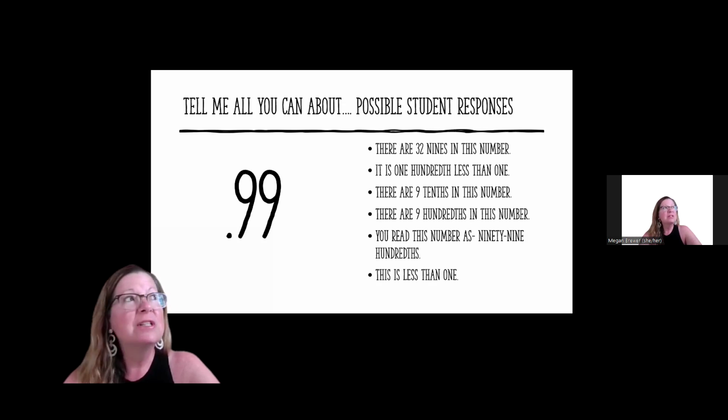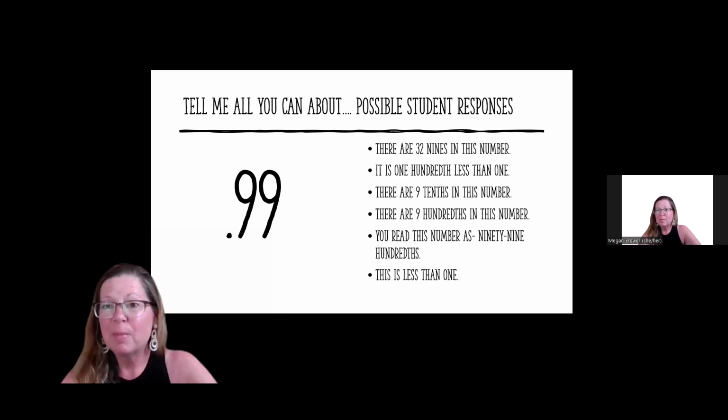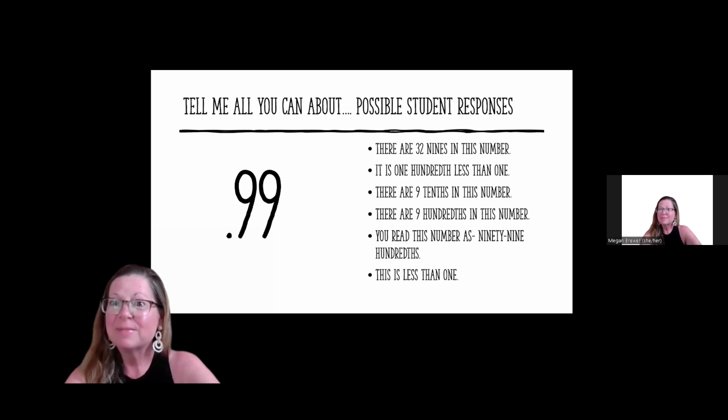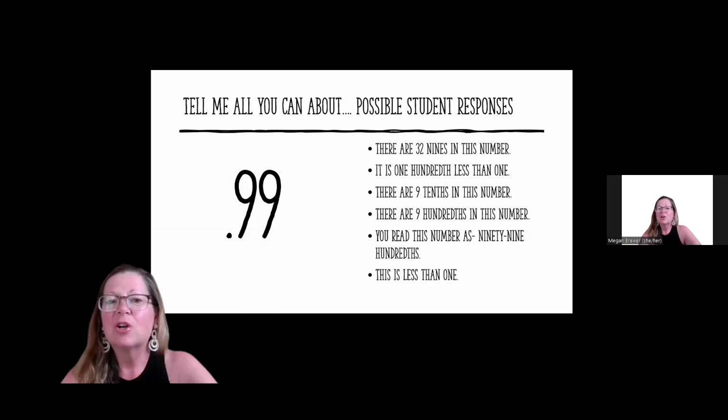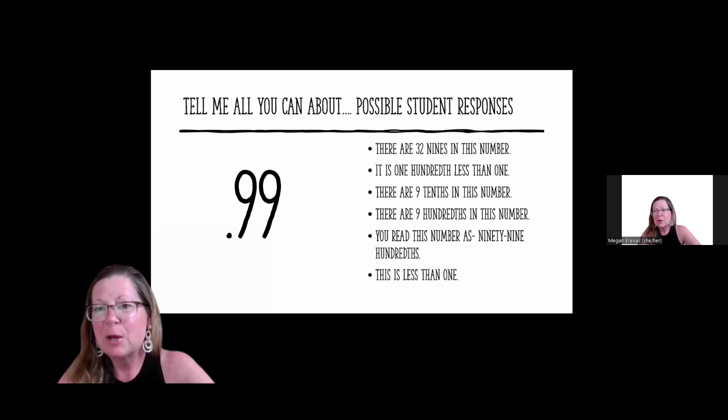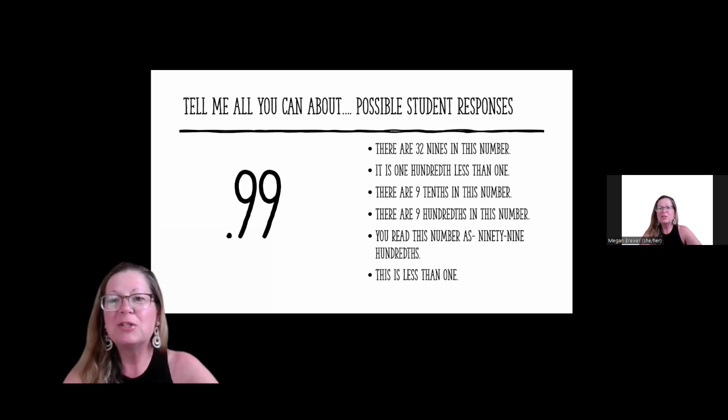Maybe the first student says, I notice it's a decimal number. Yes, it is. Oh, I have a typo on the slide I just noticed. I will fix that. It says there are 32 nines in this number. No, there's not 32 nines.